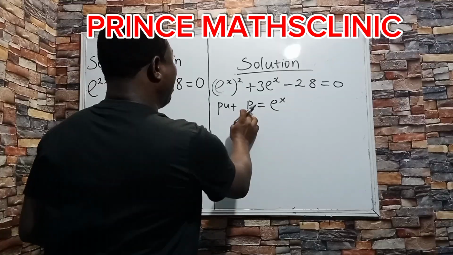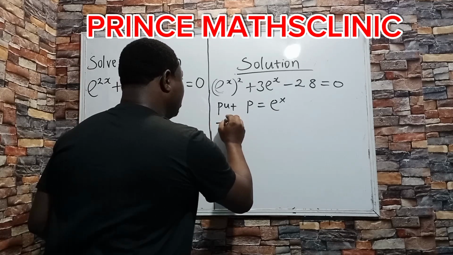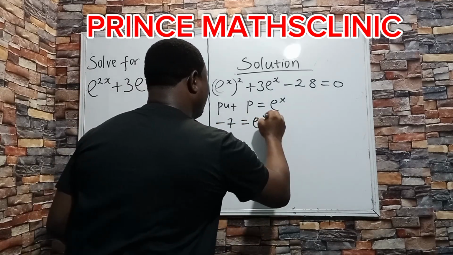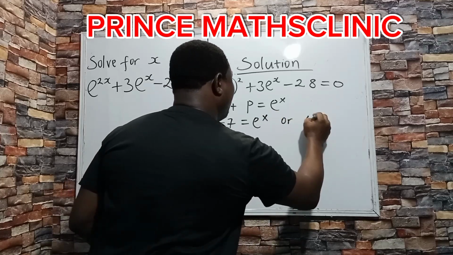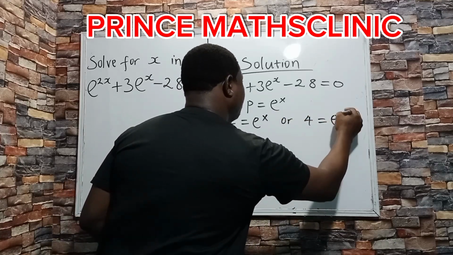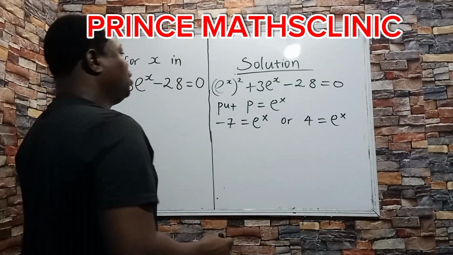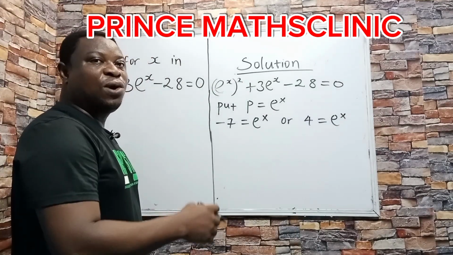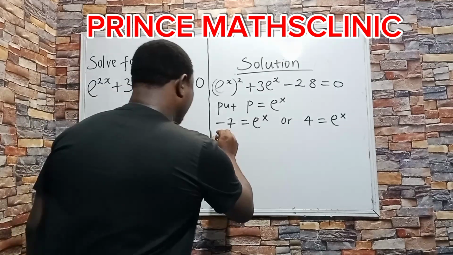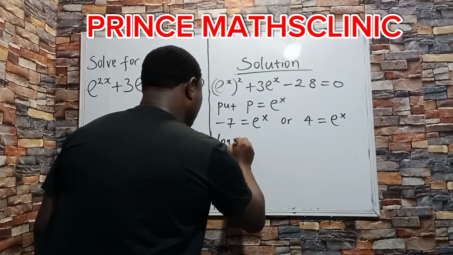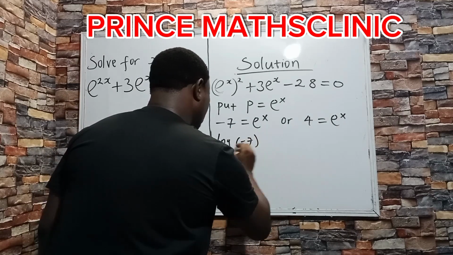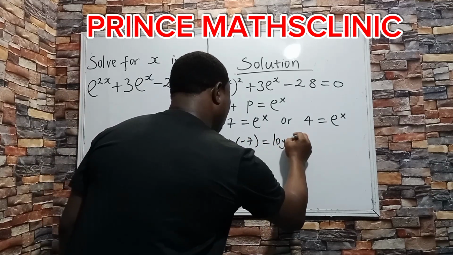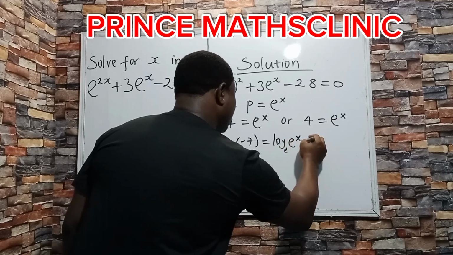If p is minus 7, we are going to say either minus 7 equals e to the power of x, or 4 equals e to the power of x. If we take the natural log of both sides, log of minus 7 in base e equals log of e to the power of x in base e.